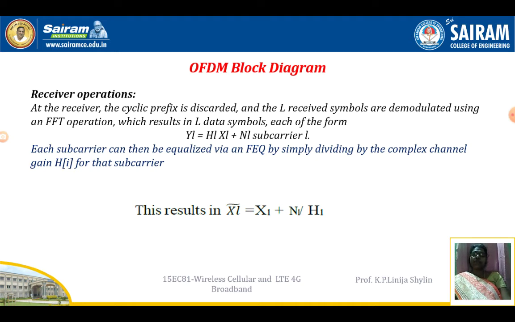the cyclic prefix will be discarded, so the L received symbols are demodulated using a fast Fourier transform operation, and this results in the capital L data symbols in the form Y_L equal to H_L into X_L plus N_L for subcarrier L. So this is the mathematical expression we are going to use, and each subcarrier can then be equalized through FEQ by simply dividing by the complex channel gain H_L for that subcarrier.